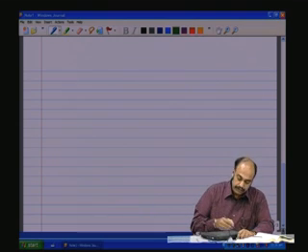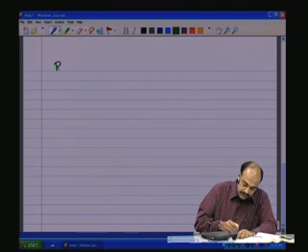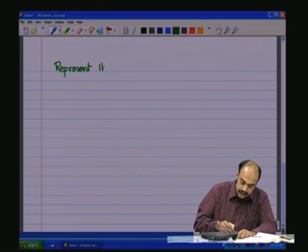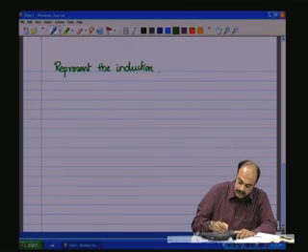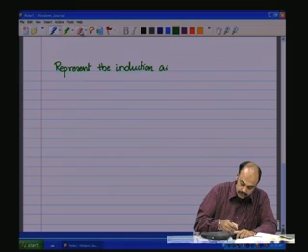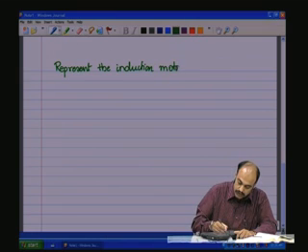How do we represent the induction motor as an equivalent circuit? An equivalent circuit.